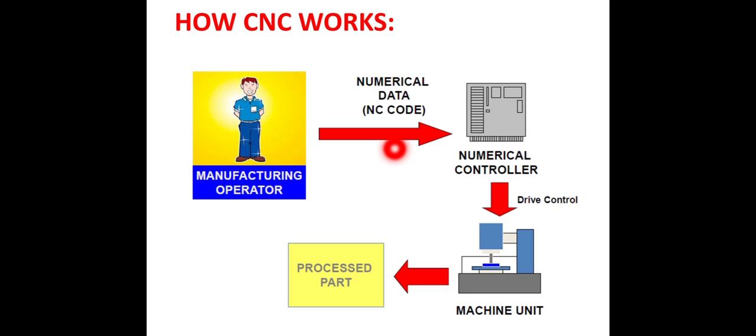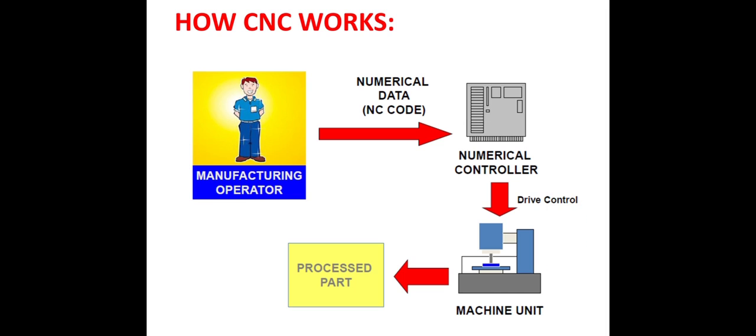So let us see how CNC works. The machine operator feeds the numerical data, that is the NC code or part program, into the machine control unit of the CNC. In the machine control unit, all the data processing takes place, and according to the program prepared, it prepares all the motion commands and sends them to the drive system.